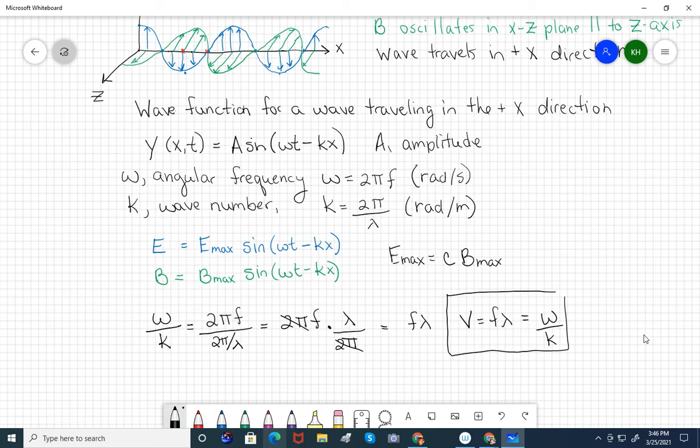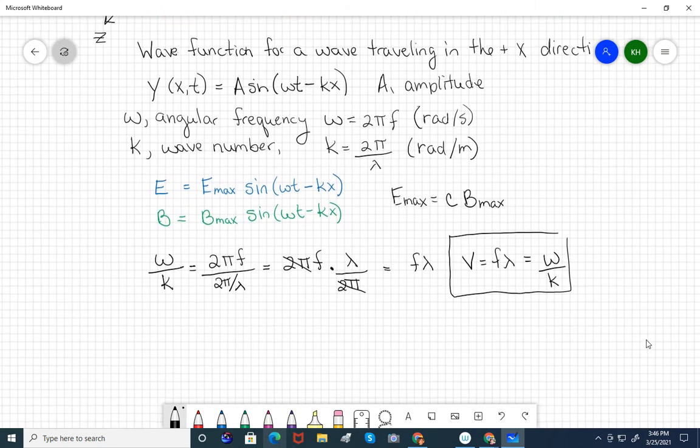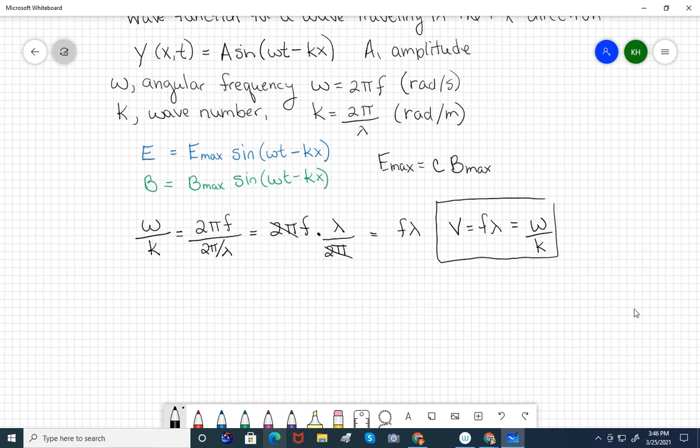So when you're doing a problem, and I know there's a problem in the homework where the wave is not traveling in the positive x direction, I'm not going to rewrite both of them, but I'll rewrite the equation for traveling in the negative x direction.